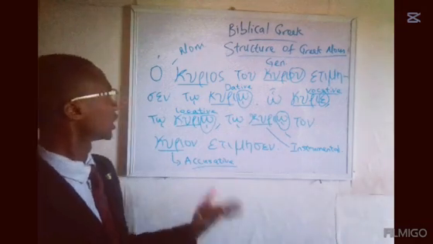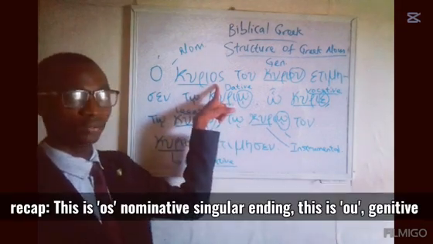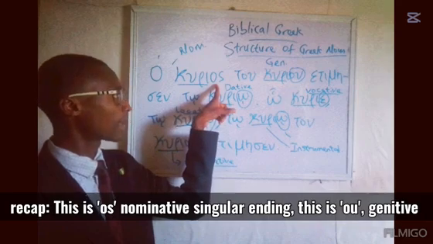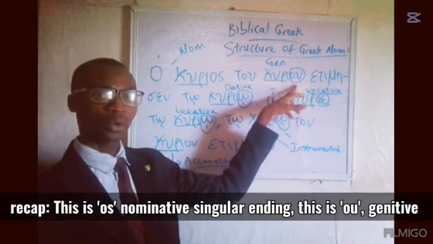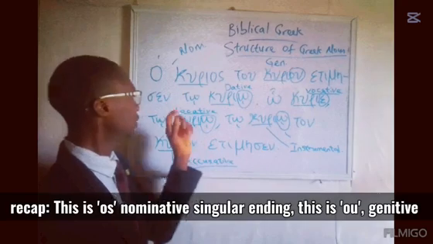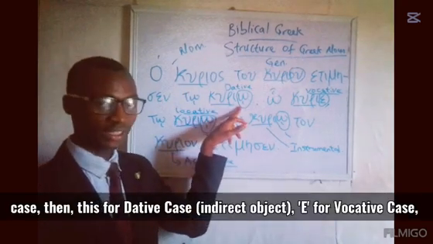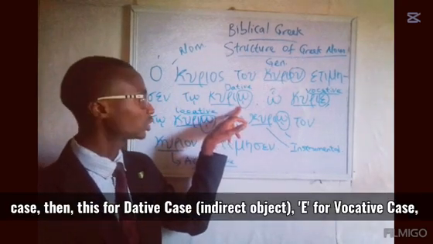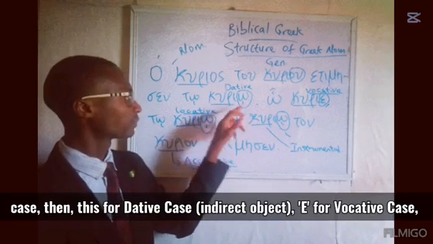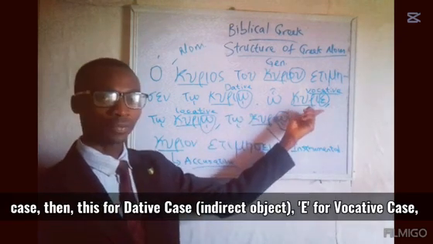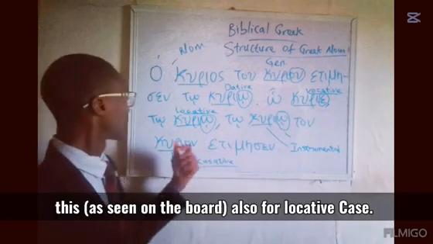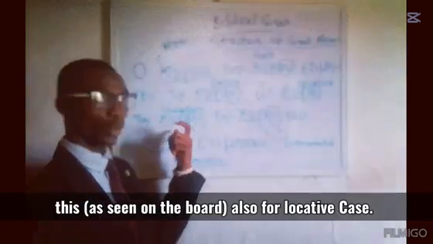So I said this is -os, which is the nominative ending for singular masculine. This is -ou for the genitive case. Then we have -ō for the dative case, that's the indirect object. Then we have -e for the vocative case. We have -ō as well for the locative.